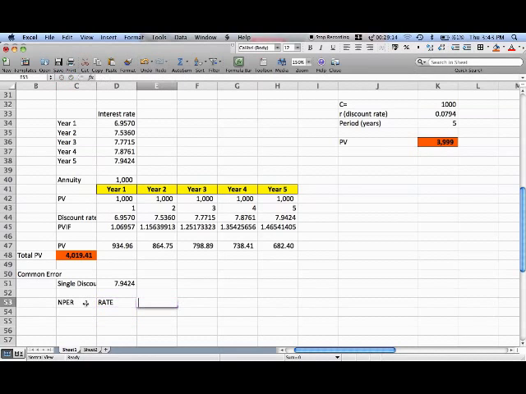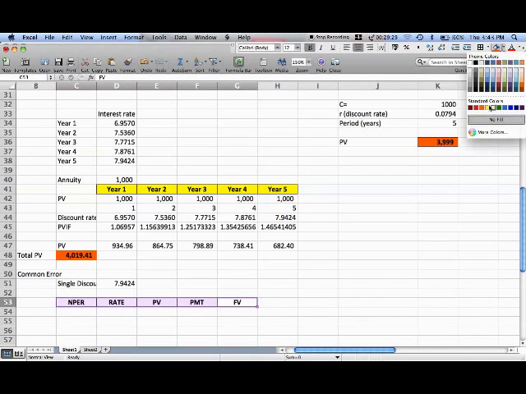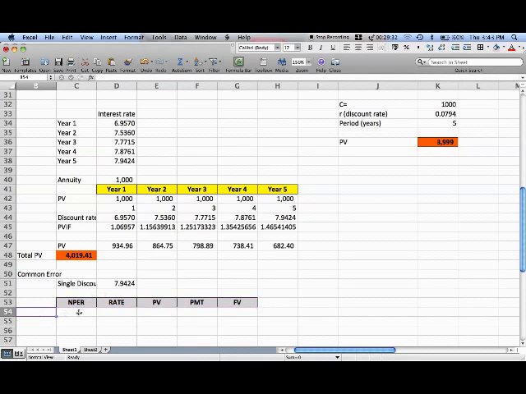I will put rate here, and then the PV, and then PMT, and then the face value, the future value. Nper is 5 years. Rate is the one that we're going to find. PV we need to put here. The PMT is 1,000, and the future value is 0.